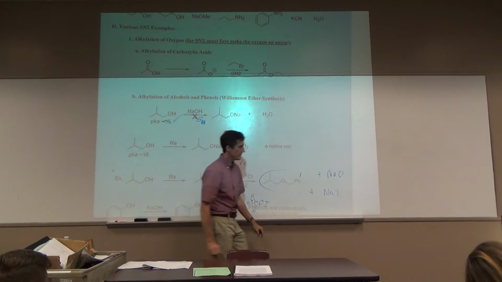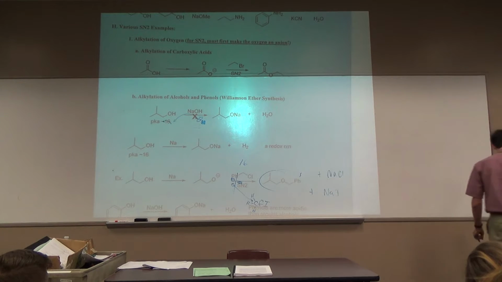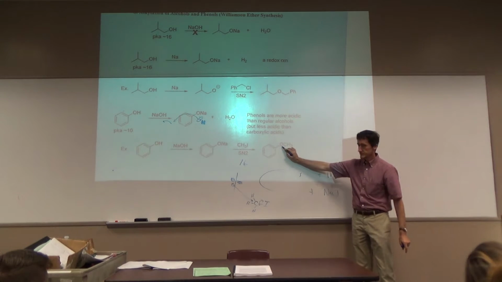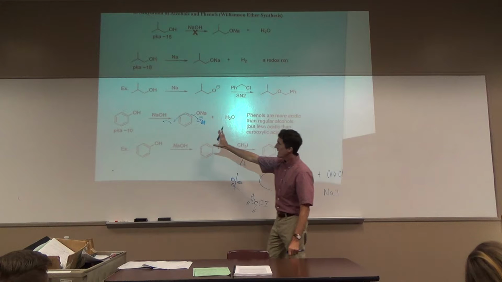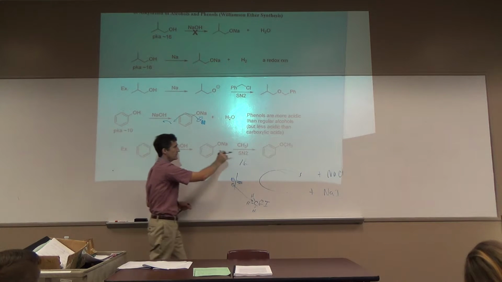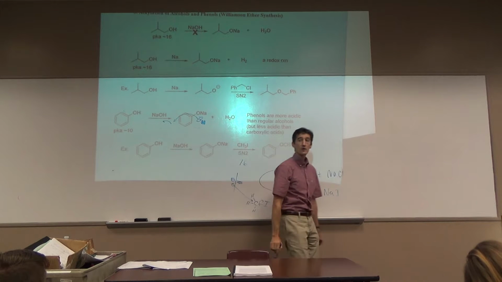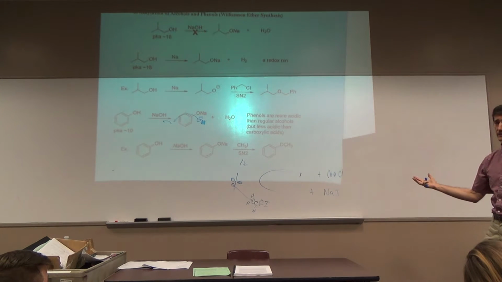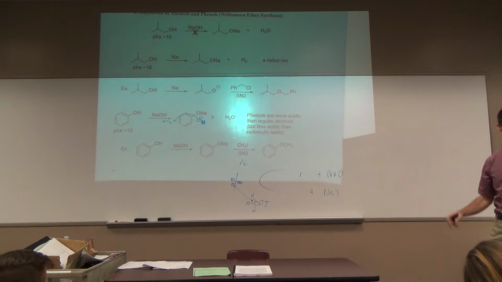What was made at the very bottom? An ether. When you do this with alcohols or phenols, make the anion and then alkylate and end up with ethers, it's typically called a Williamson ether synthesis. Apparently Williamson was the chemist that sort of did this a lot back in the 1800s.